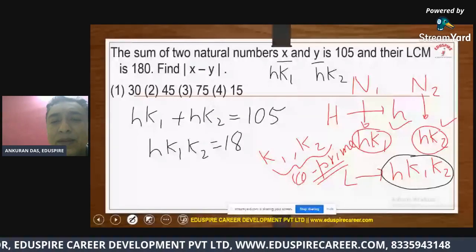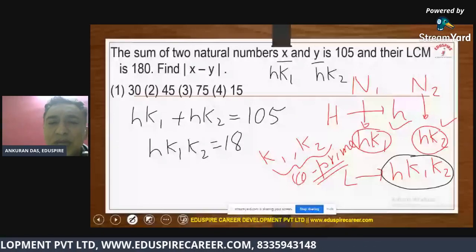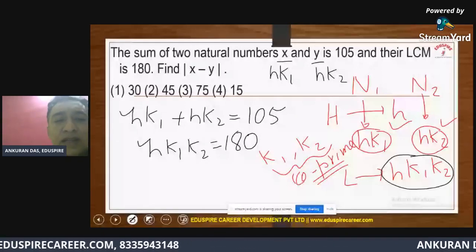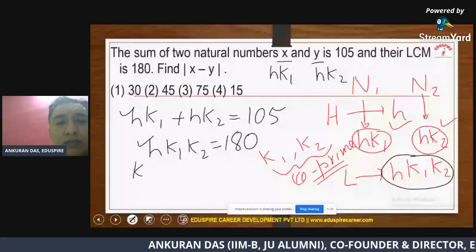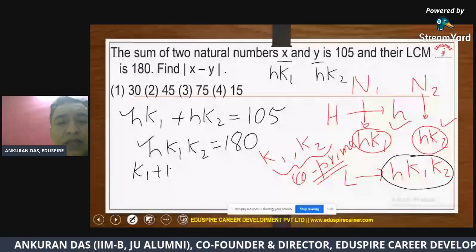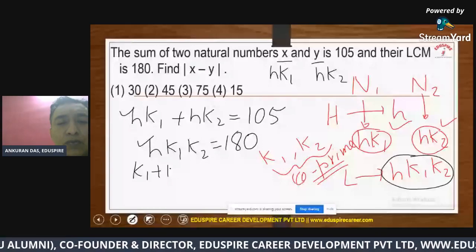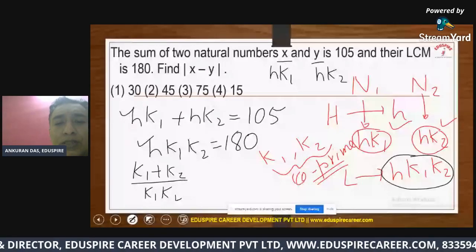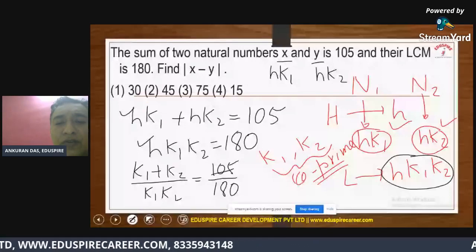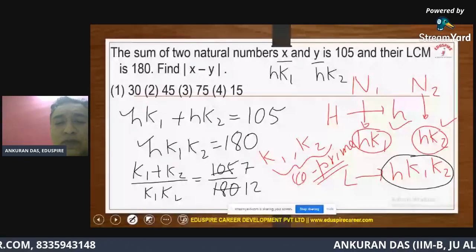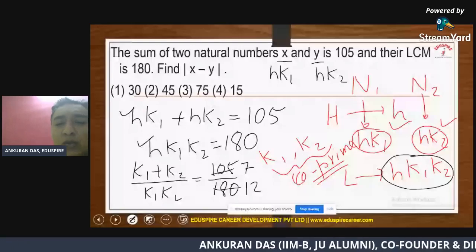Yes, now simply divide these two. So if I divide these two, H goes out, then we have K1 plus K2 divided by K1 K2, that comes out to be 105 by 180, which is of course, if I divide by 15 it will become 7 by 12. So if you see, the left hand side looks like 1 by K1 plus 1 by K2.